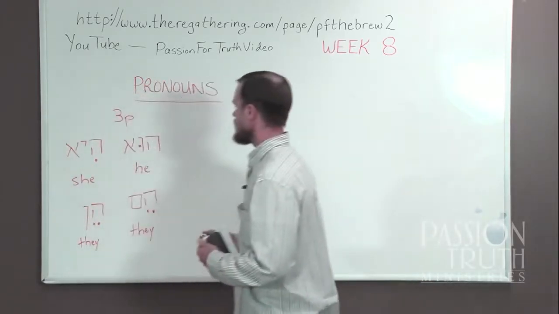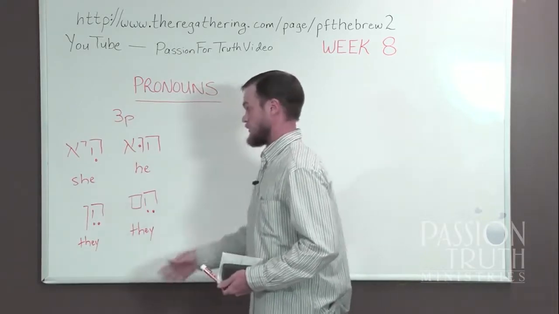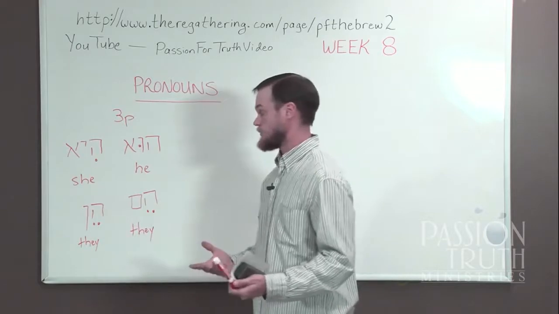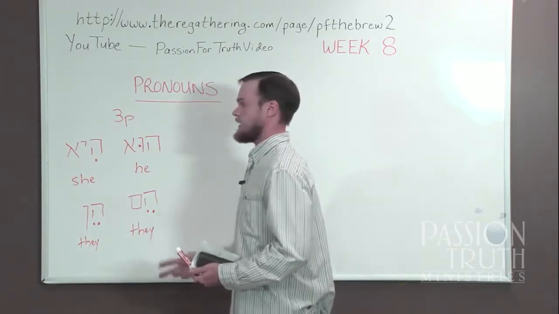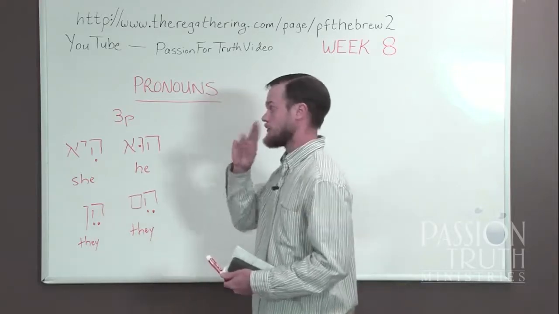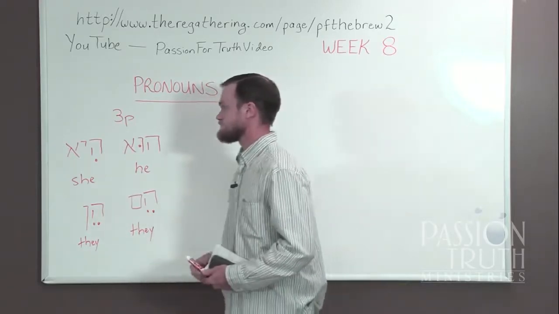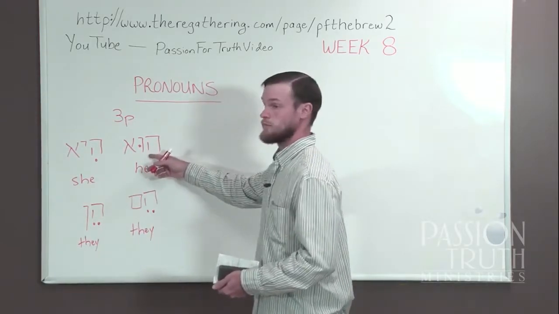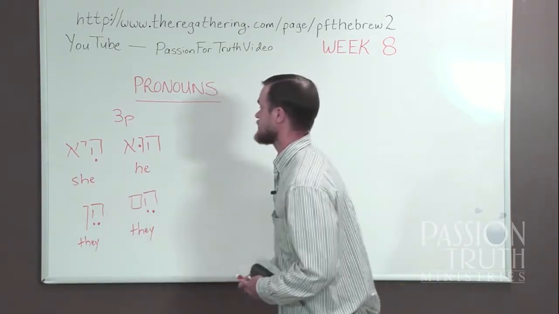If you use hen, you're referring to a group of exclusively feminine people or objects. Hem can be either all masculine or a mixed group. You always default to the masculine when you have a mixed group, or when you don't know the gender. Default to the masculine as well.